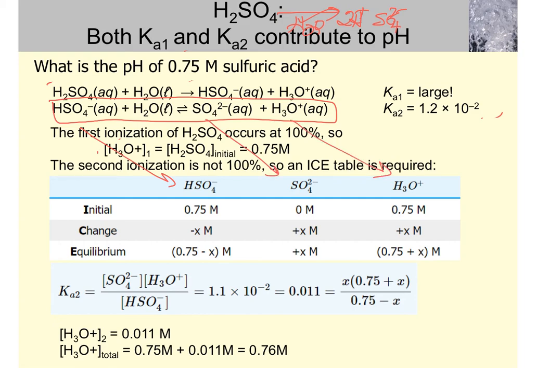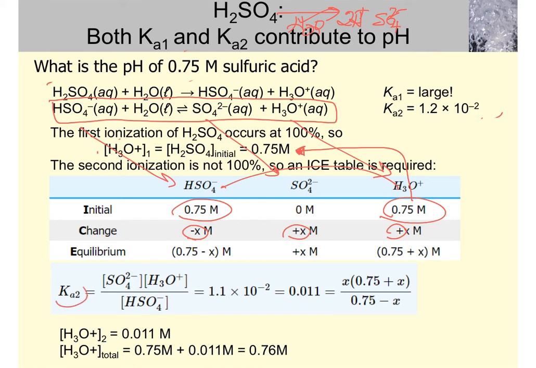And again, the initial concentration of both the hydronium ion and the original conjugate base of sulfuric acid are simply going to be the concentration that resulted from the first ionization. And then we'll use X for our change. It's all a 1:1:1 mole ratio.